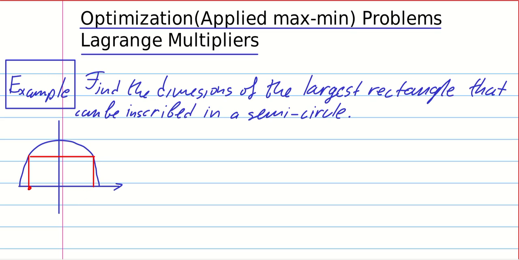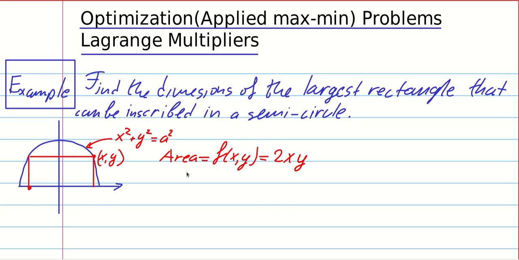Alright, so what do we know about this semicircle? It's x squared plus y squared equals some a squared. And if this is a point, it can be called (x, y). So the area, which is a function in both x and y, is 2xy.